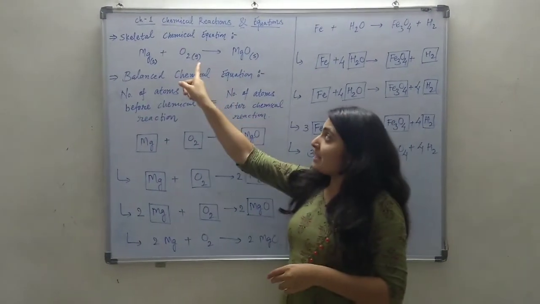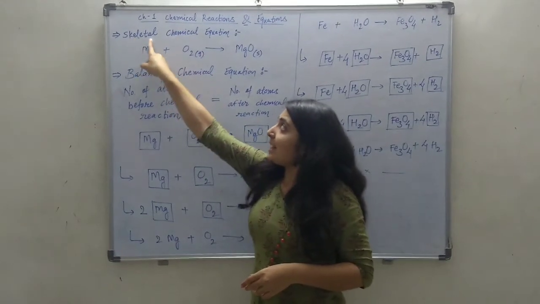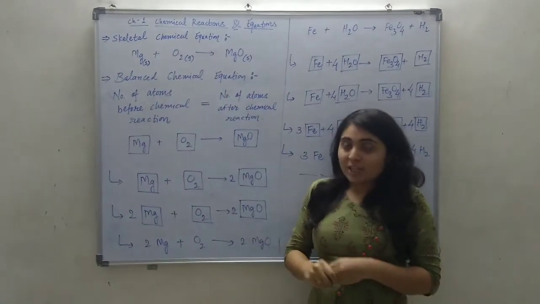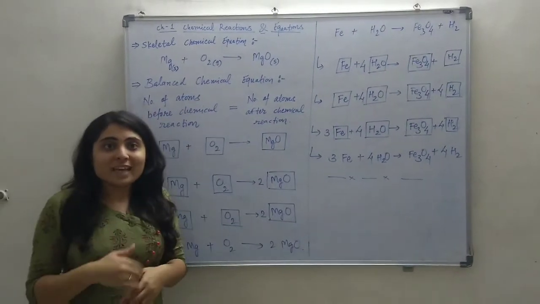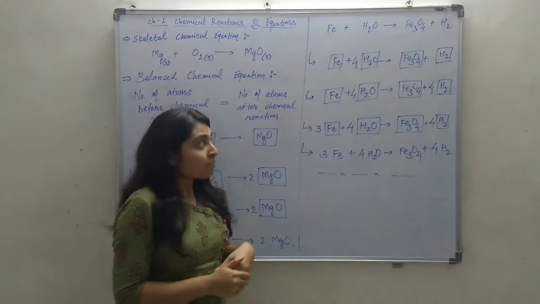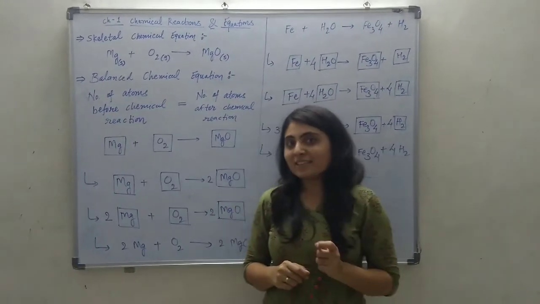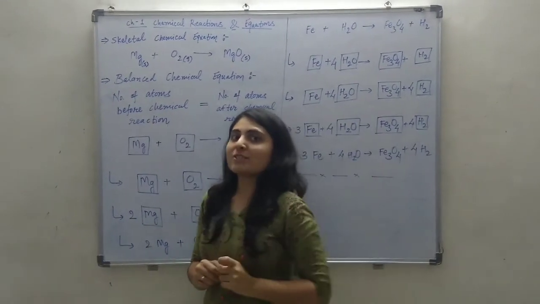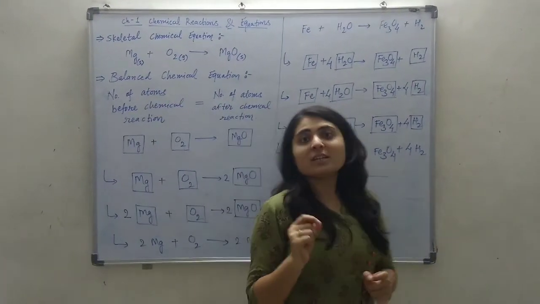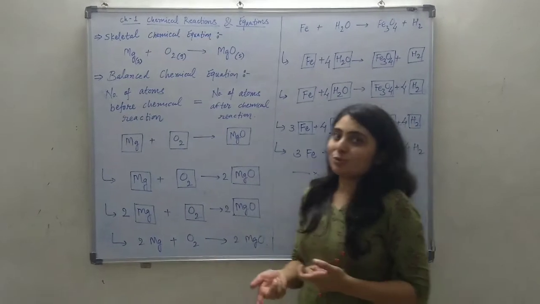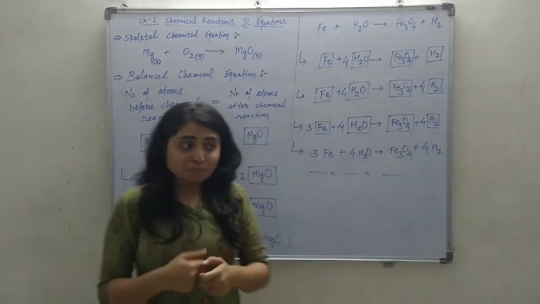This type of equation is known as a skeletal chemical equation, in which the number of atoms is not the same on the left hand side and right hand side of the arrow. Remember, in standard 9, we learned about the law of conservation of mass, which states that mass cannot be created or destroyed in any chemical reaction.